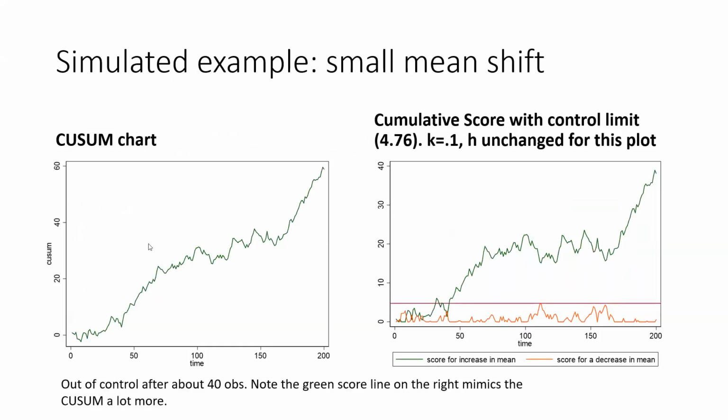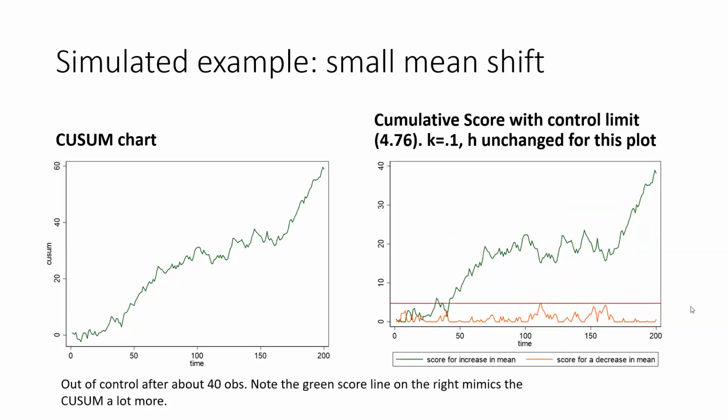But here we have the CUSUM chart again, and now we have the cumulative score with a control limit. This is different now. We have different values for S plus. We have different values for S minus because the slack changed, right? And so when the slack changes, all the values of the scores change.